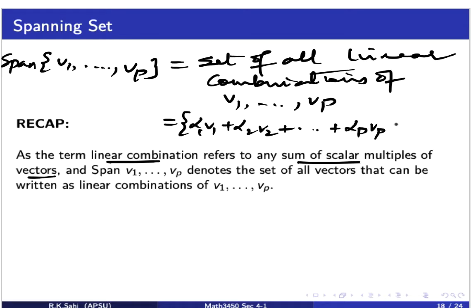Now these alpha i's are constants or real numbers. Okay, so that's basically what it is, the set of all linear combinations of the vectors v1 to vp. Now this spanning set has a very, very important role to play in vector spaces. Let's see how that role comes about.